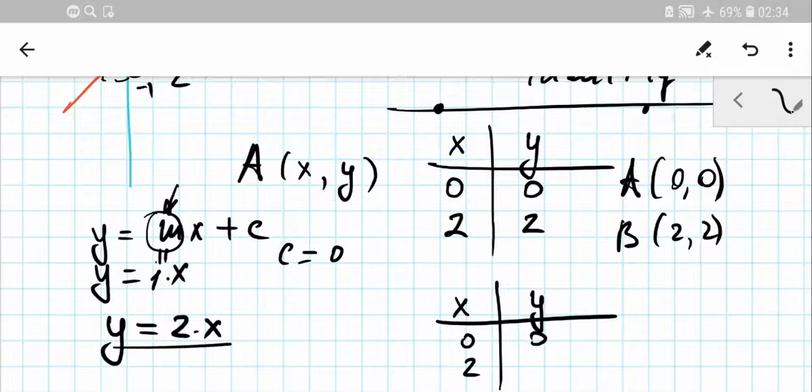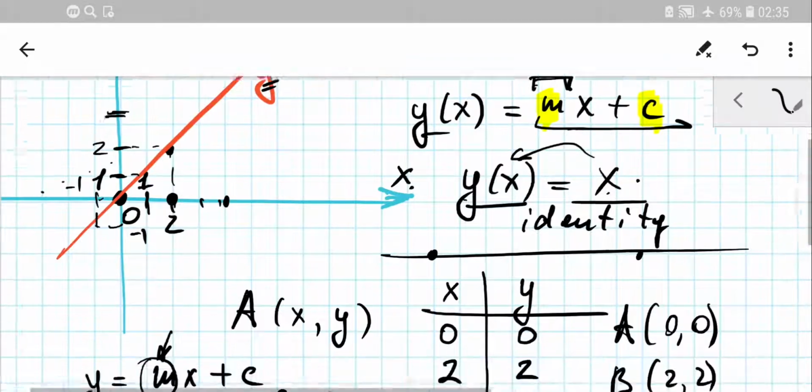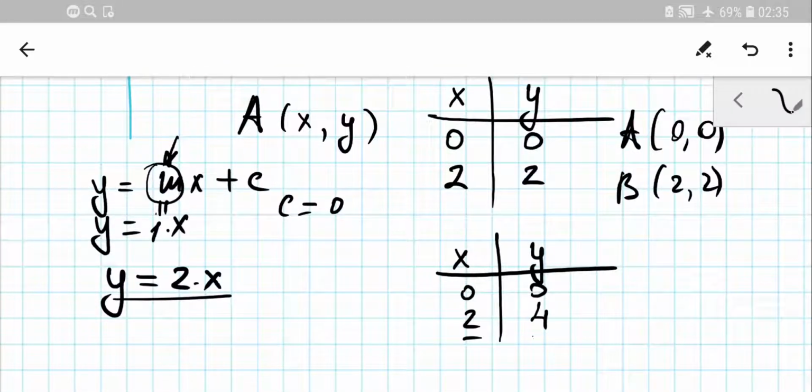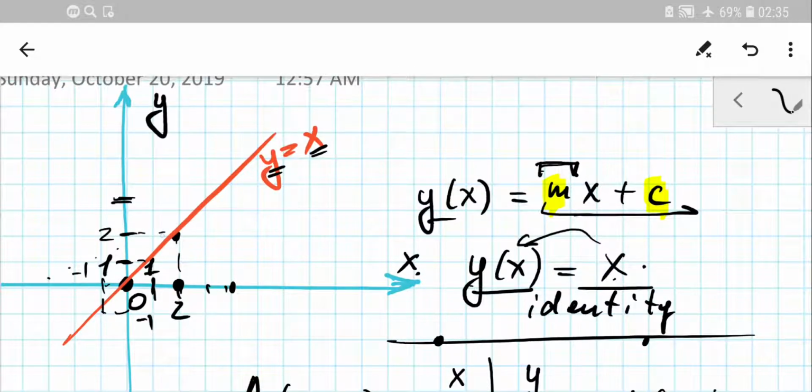So for x equals 0, y is 0, but for the next one you'll have 4. When x was 2, y was 2, but now the new value is 4. So instead of 2 for y, you'll have 4, and the new point will be here.